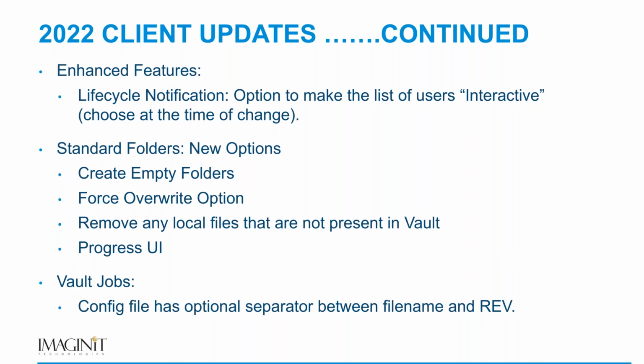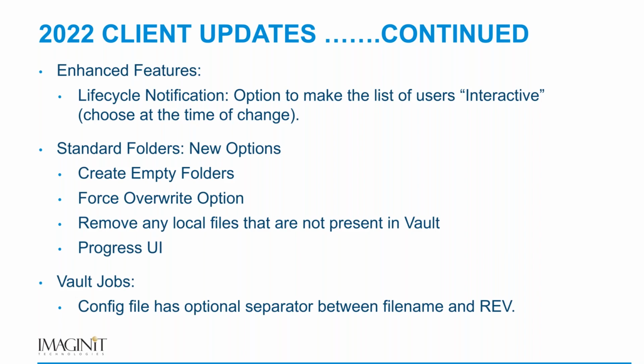We've also added remove any local files that are not present in Vault. Now we'll talk a little bit about these in a minute, but some of these we want to be careful as we use them, right? So I'm not going to set these options for every folder that I'm using for standard folders, but for something like templates, I just ran into one instance where we were writing some iLogic code.